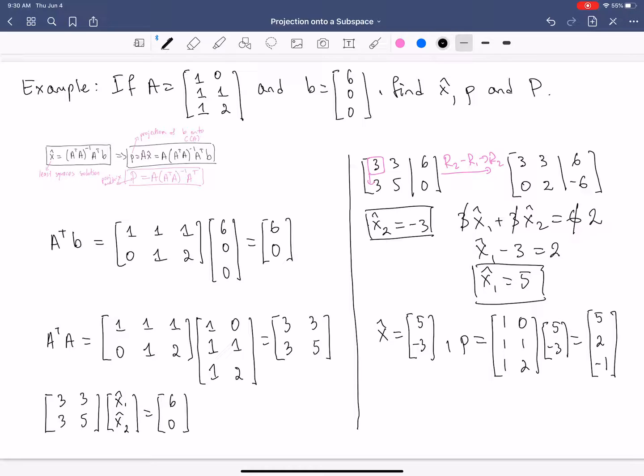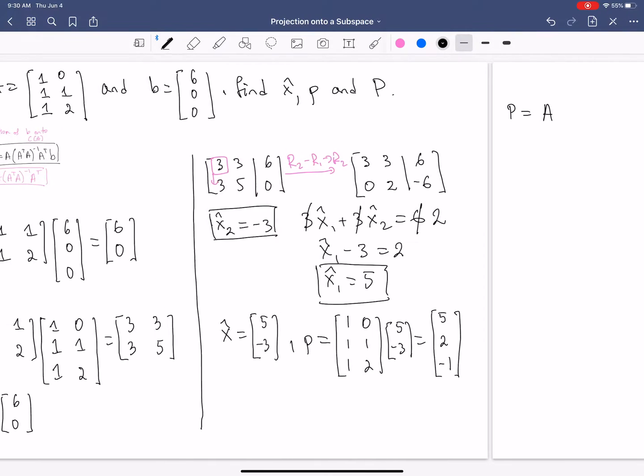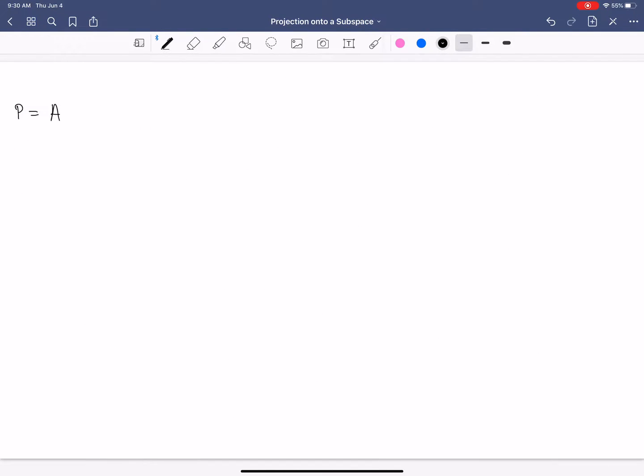Now to find the projection matrix, I do have to find the inverse of the matrix A transpose A. So I'll do that here. Maybe I'll start with the formula. P equals A times A transpose A inverse times A transpose. So A transpose A equals [3, 3; 3, 5].